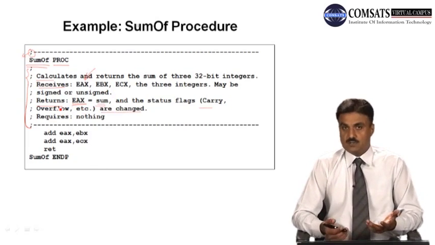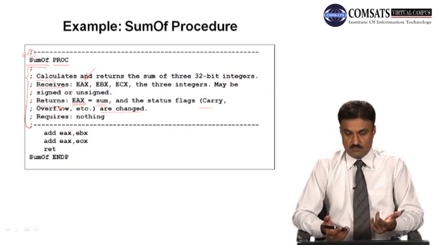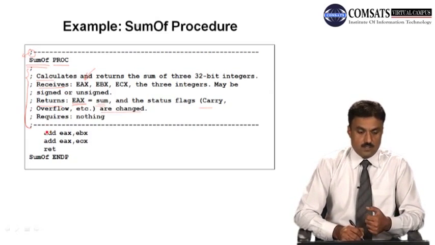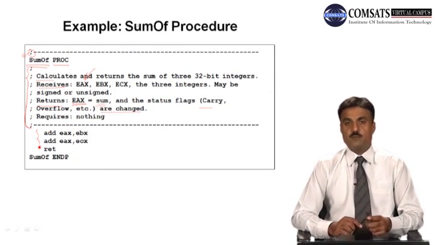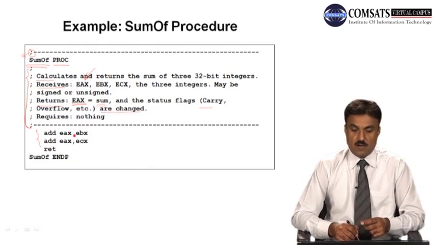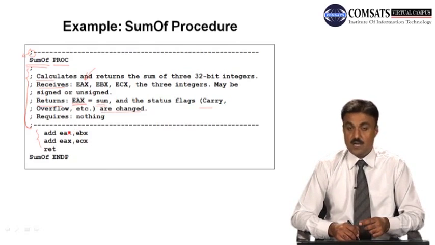And it requires nothing, so there are no other requirements for this procedure. Inside the body of this procedure, there are two instructions. Before calling a procedure, we must have three values inside these registers: EAX, EBX, and ECX. So we are going to add these three registers, like EAX.